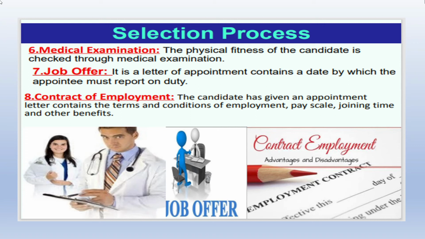Let's move on to the next step, which is very interesting, and this is called contract of employment. Once the candidate is selected and he or she accepts the offer, the candidate and the organization sign the legal document, which is called the contract of employment.